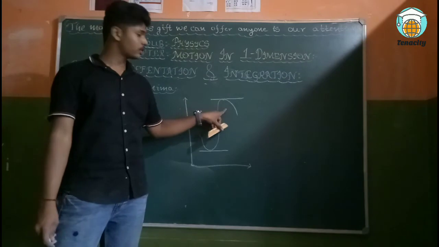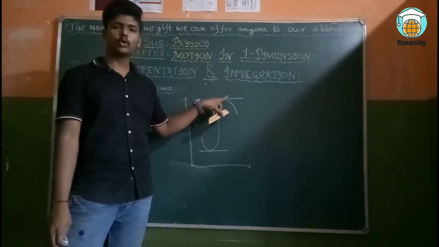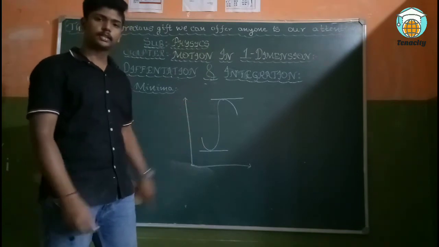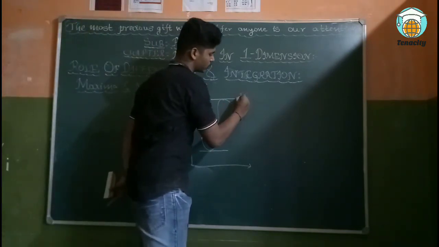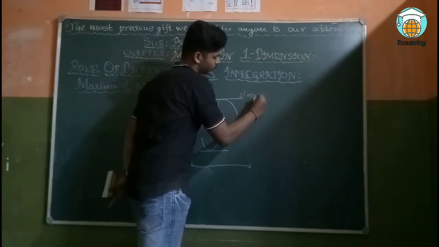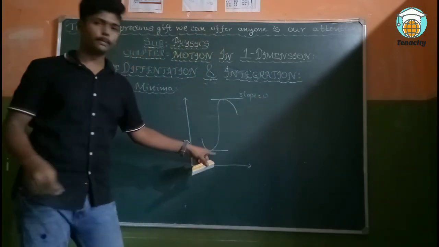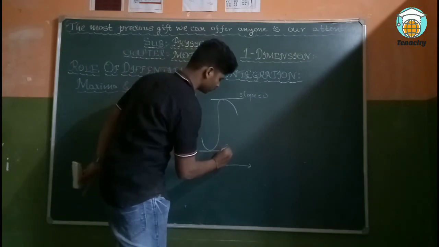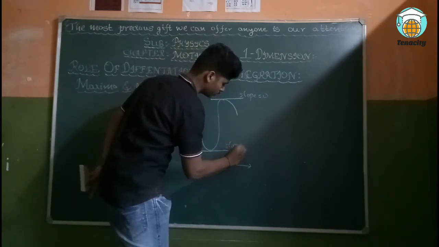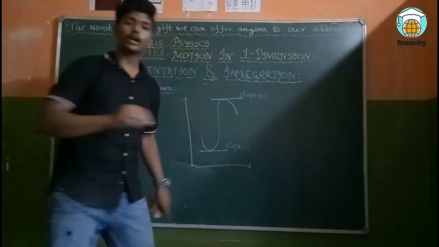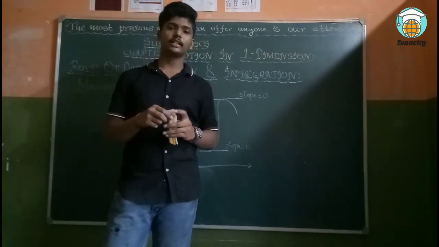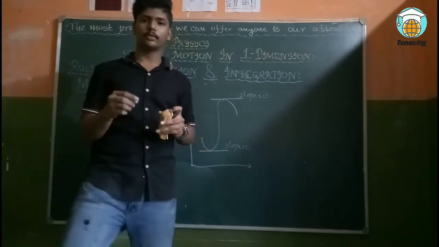Now what is the slope at the maximum value of this path? That is 0. Slope is equal to 0, and at the minimum value the slope is also 0. As I said, differentiation is used to calculate the slope of a curve.